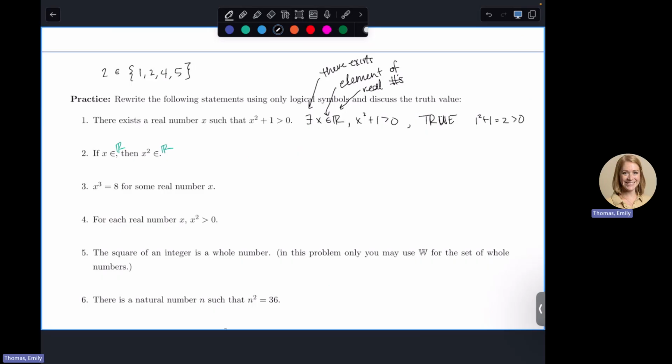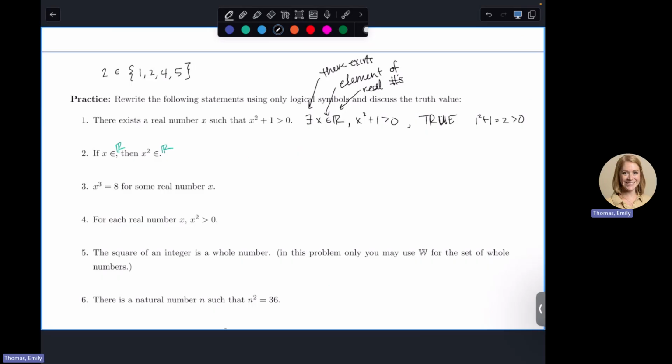Okay. Number 2, if x is a real number, then x squared is a real number. Write this with a quantifier. There are 2 you can choose from: there exists or for all. What's the way to say this with a for all statement?